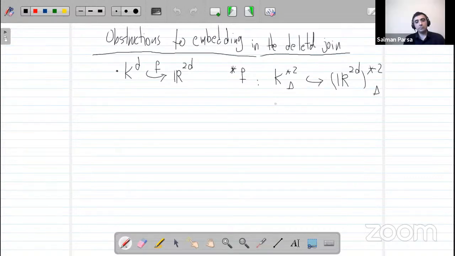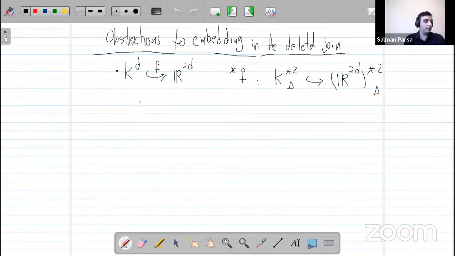And this actually is simply: you just imagine the image in these skew subspaces and then forming the join of the image of f.